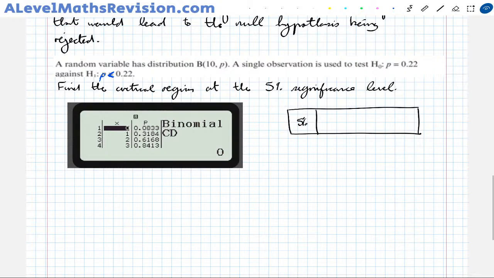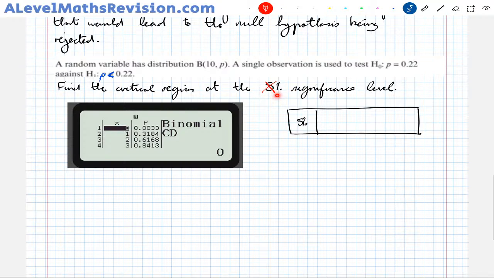If the test had been, say, 10%, then we could say that x equals 0 would lead to a rejection because 8.33% is less than 10%.